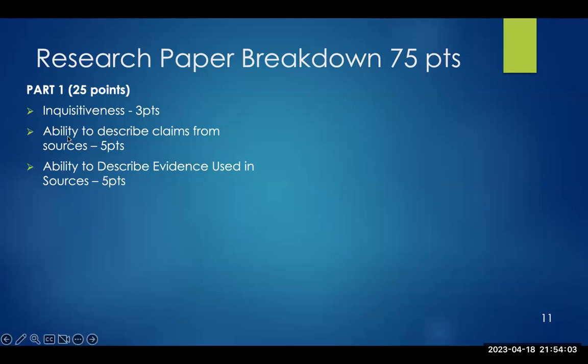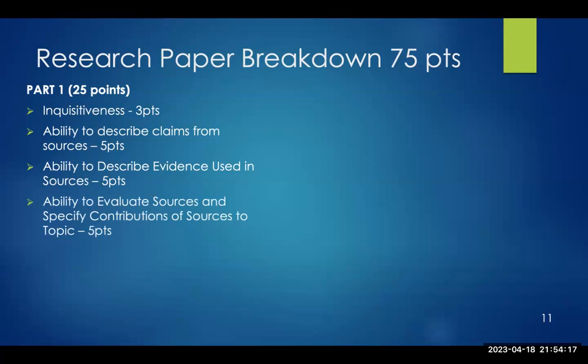You want to be able to describe the claims from the sources, but also describe the evidence used in the sources. That's really important too. So I'm not only looking for the claims, I want you to talk about how they supported the claims. Was it a meta-analysis where they looked at previous studies?